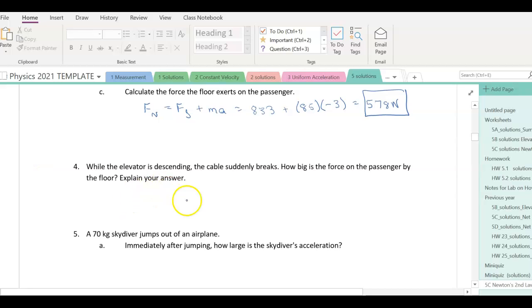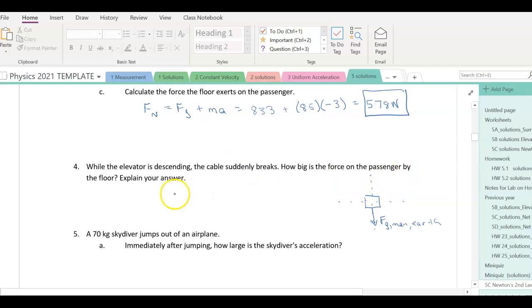If the elevator broke, or if the cable broke as the elevator is descending, at that point there is no more normal force, right? There is just a force of gravity still on this man. The elevator is no longer able to provide a normal force because there's no longer a cable holding the elevator in place.